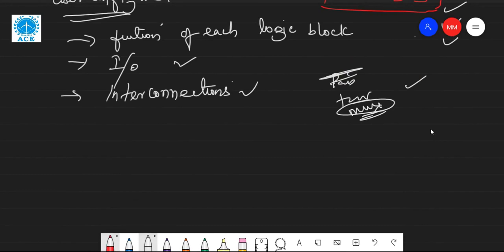There are many vendors which provide FPGAs.